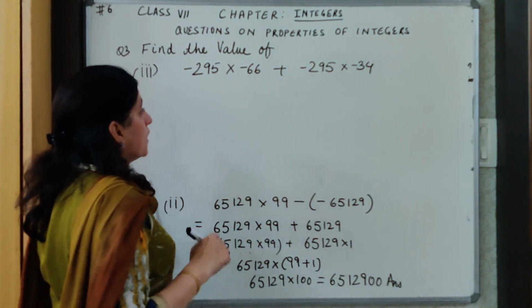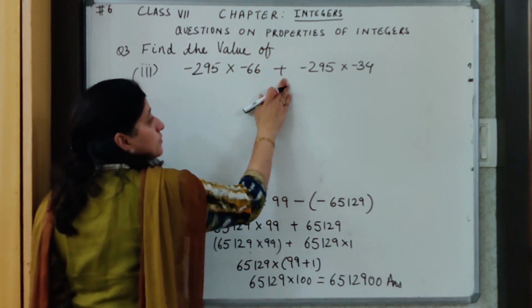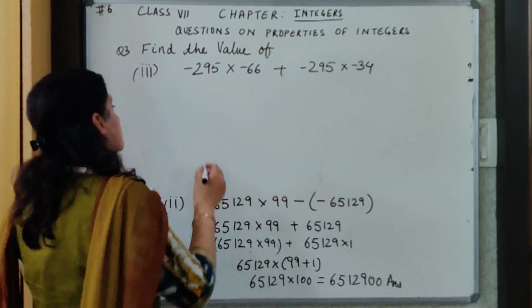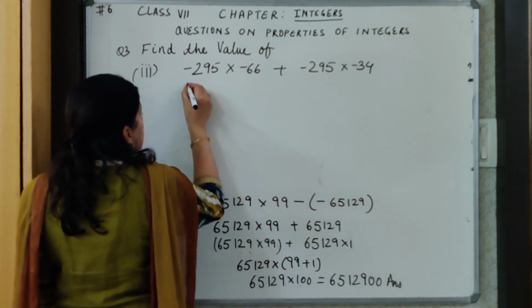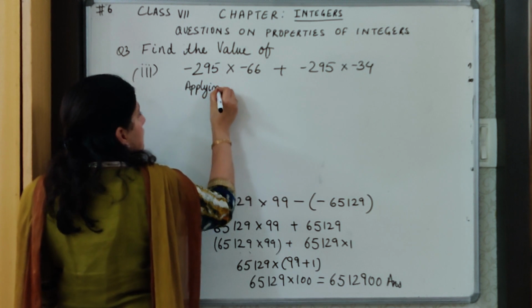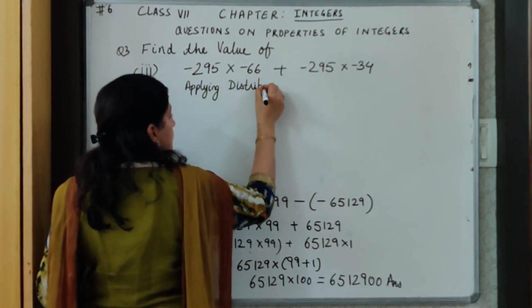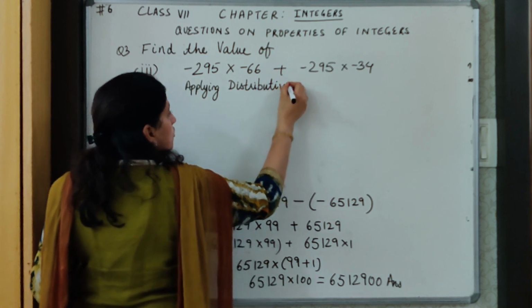Again I see I can apply the distributive property of multiplication over addition. So for that, you will write applying distributive property. We can only write distributive property also. We can write the whole thing also.